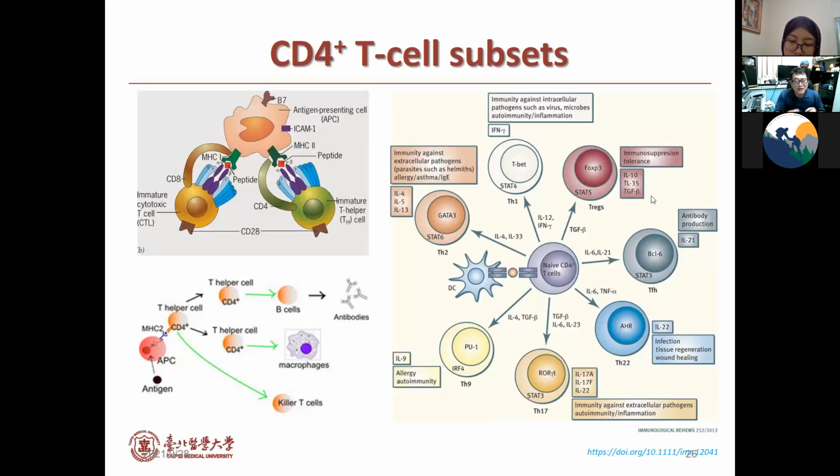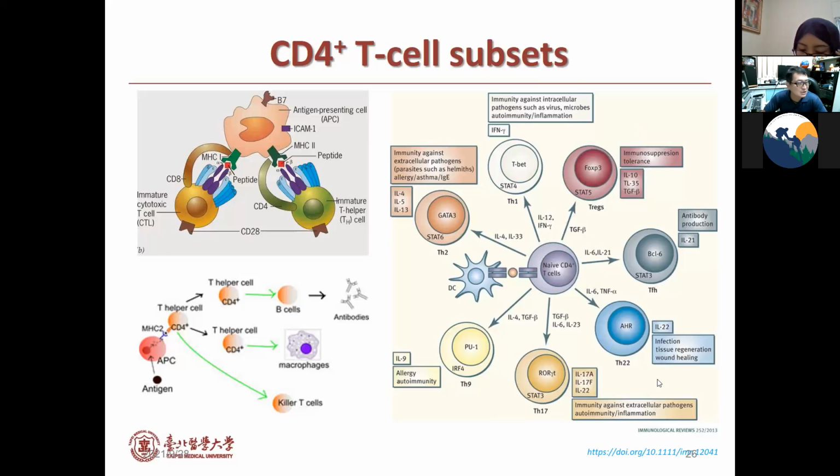That's the reason why these APC-activated T helper cells can modulate different types of T cells. So depleting T helper cells will cause immunodeficiency disease.